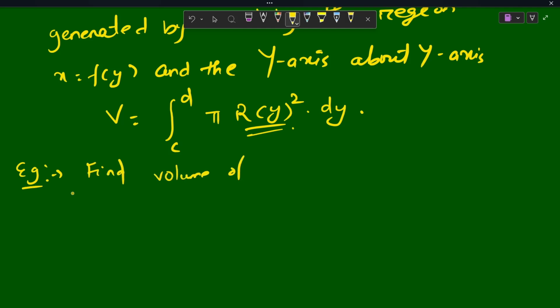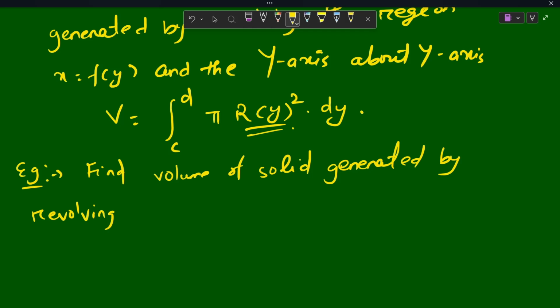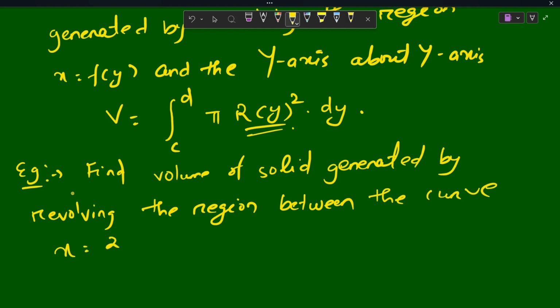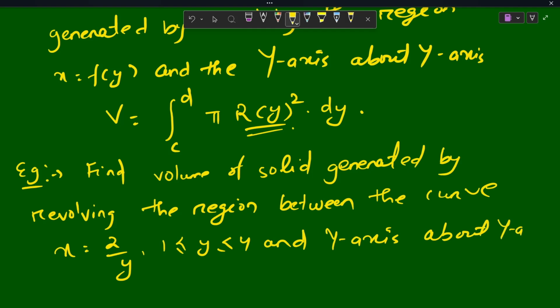Find the volume of the solid generated by revolving the region between the curve x equal to 2 by y, with y limit from 1 to 4, and the y-axis, about the y-axis.